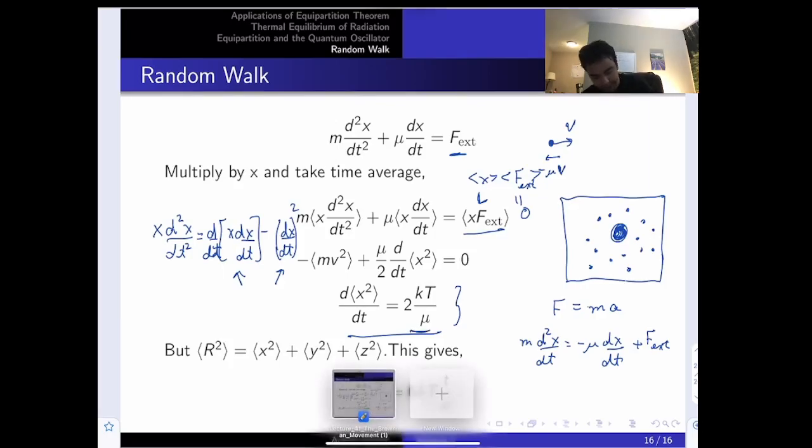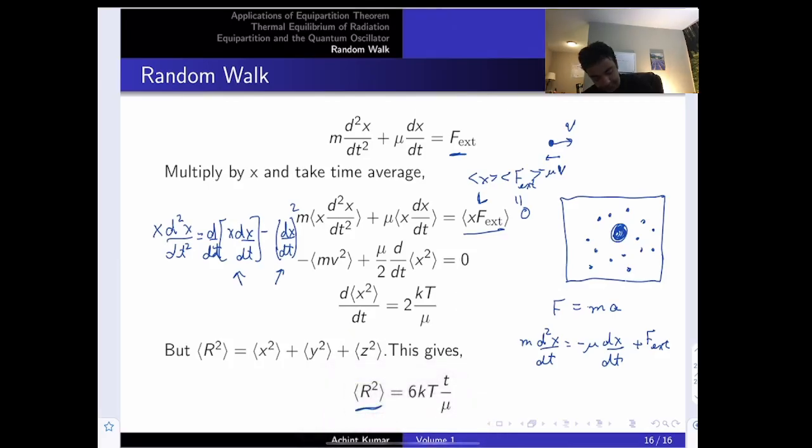So what I have basically done to get this expression is integrate to get the average value of x squared equal to 2 kT over mu times time t, and I have similar expressions for y and z, and I've added them together to eventually get this expression.